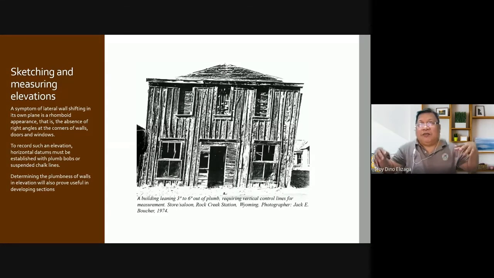And like in the Maribohok Church, the floor is actually sloping 60 centimeters from the entrance to the altar. At that distance, it's hardly noticed. It's a good thing that the engineers made sure whether the floor is actually horizontal or not. So we realize it's not. So we have to work on that.